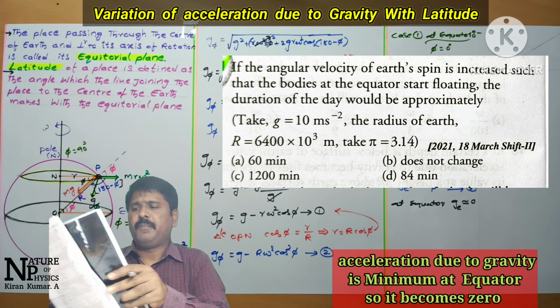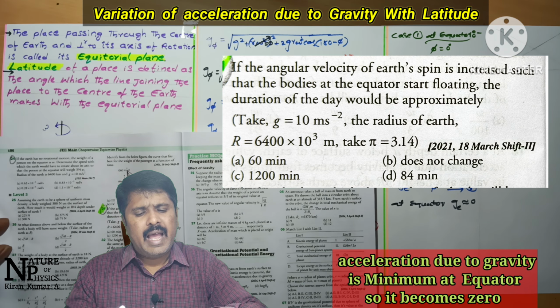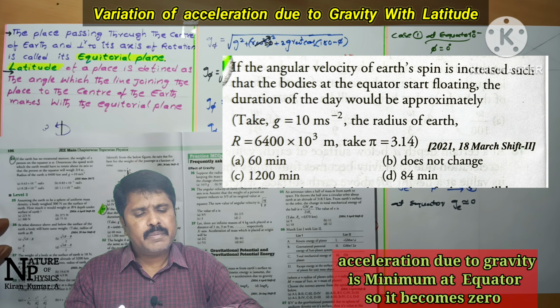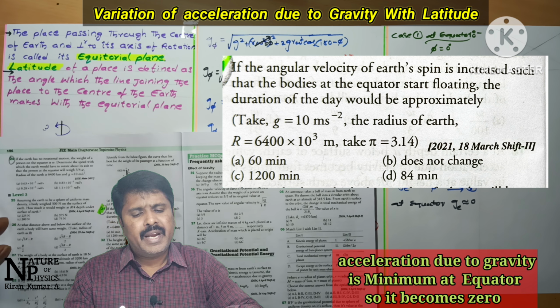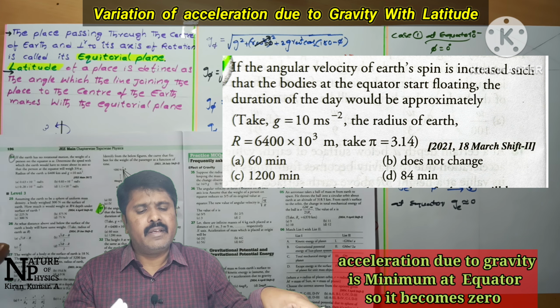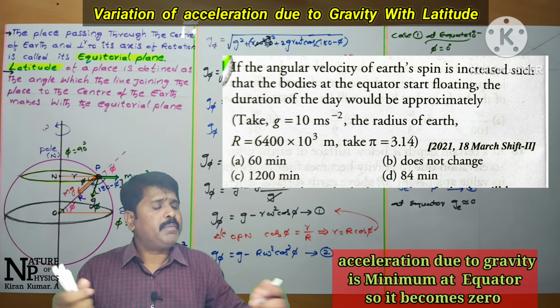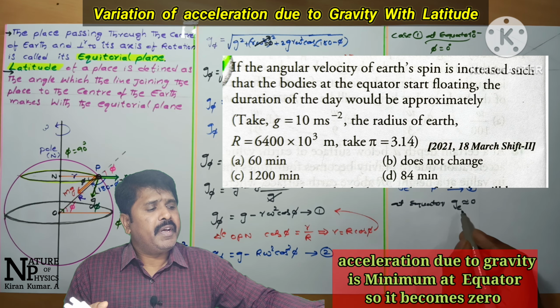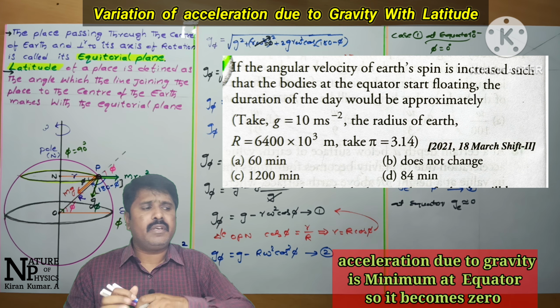Wait a second. See now, if the angular velocity of the earth's spin increases such that a body at the equator starts floating, then the duration of the day would be approximately? Okay student, related to this concept, in the problem at the equator g phi is approximately equal to 0 according to the question.